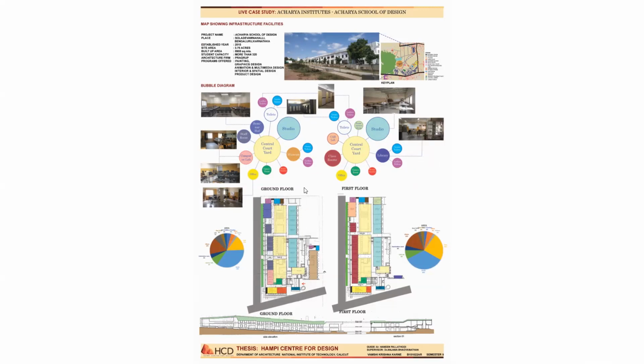The workshops are provided on the ground floor in order to avoid taking heavy machinery onto the other floors. The central courtyard theme is used so that the air circulation to the classrooms and workshop areas goes well.